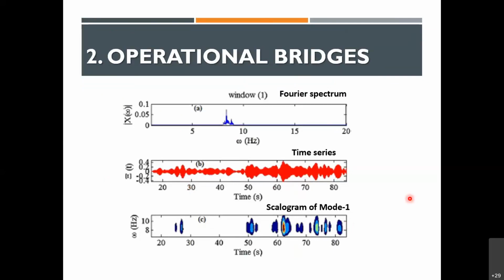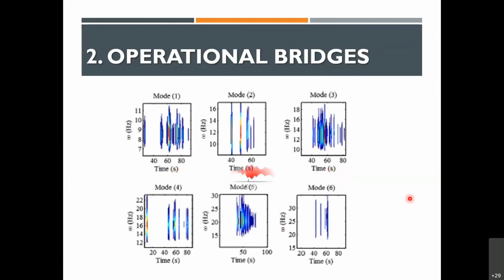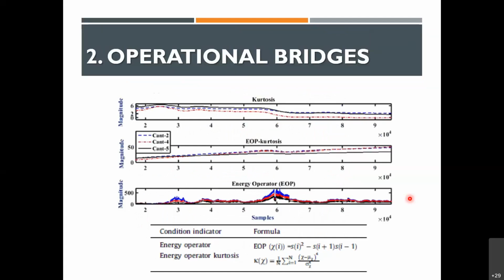We did not have a distributed number of accelerometers, so there was no possibility to get the actual mode shapes extracted from them, which in hindsight is something that we should have done. But again, we could separate out within certain times what might be the modes, and that was useful as well.